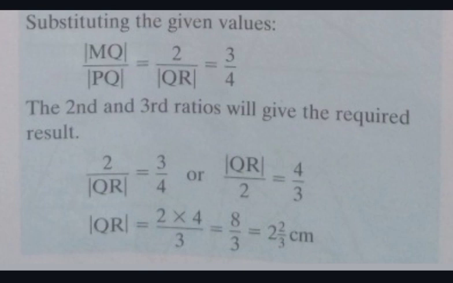So because they are similar triangles, they have the same angles, and the ratio of their corresponding lengths will be the same and equal.